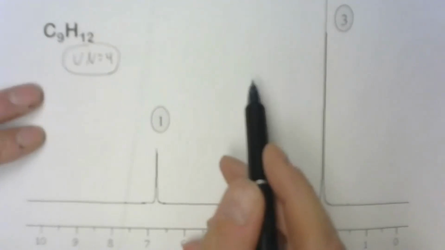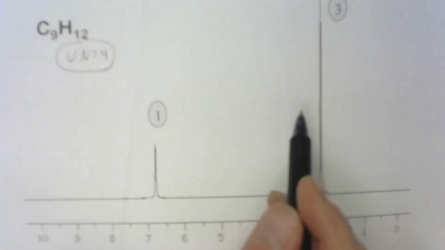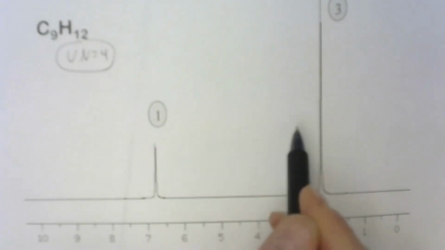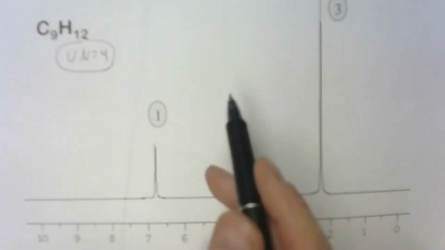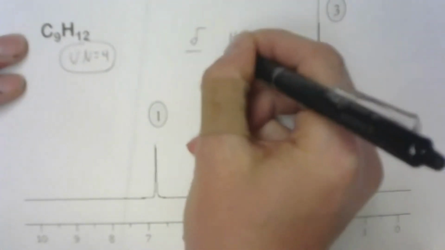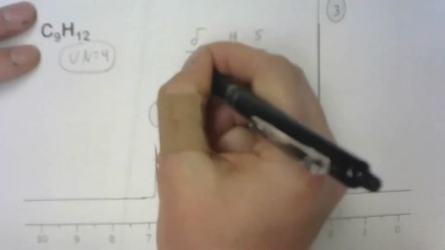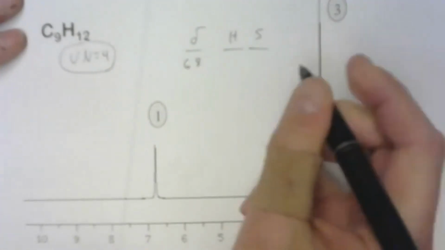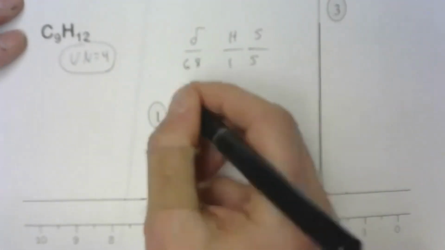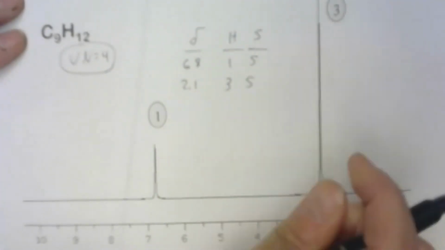This is a case where the molecule is so simple that it's a little misleading. Because if I do the table, what's my table? Delta, H, S. You might say, well, I got 6.8, 1, singlet, and then over at 2.1, I got 3, and a singlet, right?